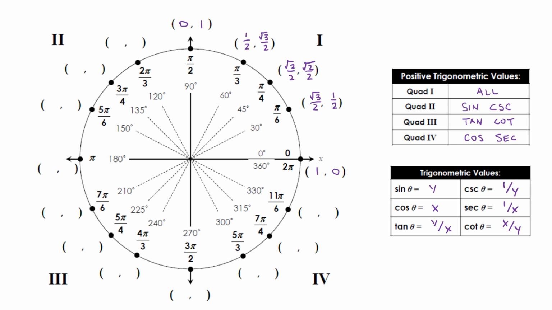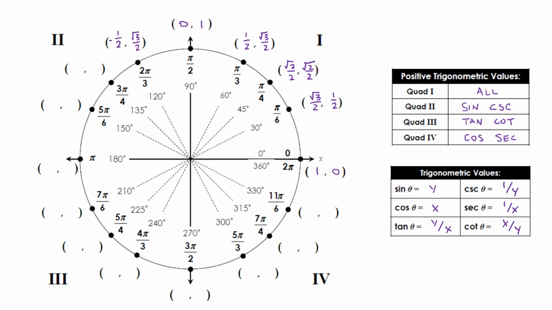So for 120 degrees, this has a reference angle of 60 degrees. So the 60 degree points were 1/2 and square root 3 over 2. But we know that the cosine, the x-coordinate, is going to be negative.